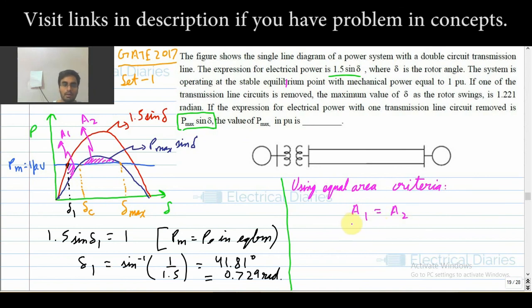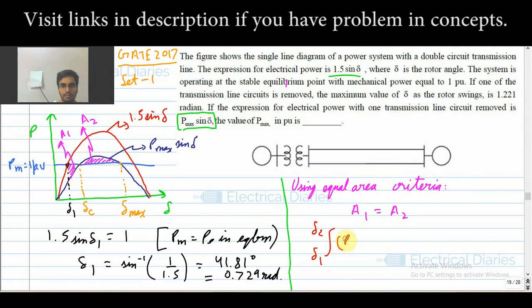Your A1 will be, if I write mathematically, from delta 1 to delta C, the area swept under the curve, or in between the curve, this Pm and this new one.